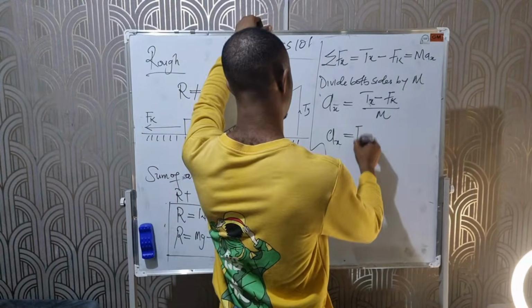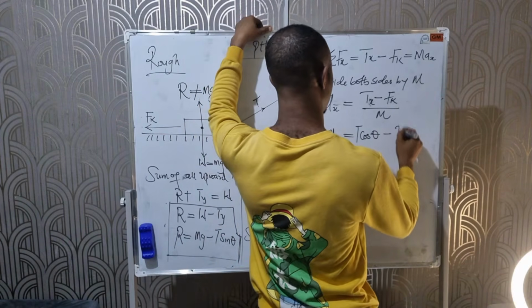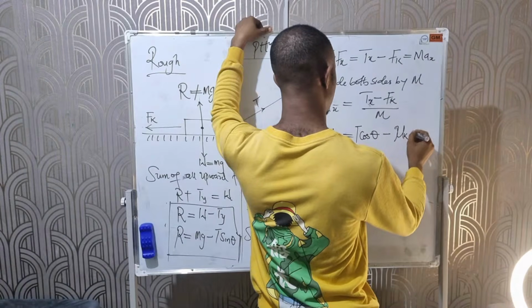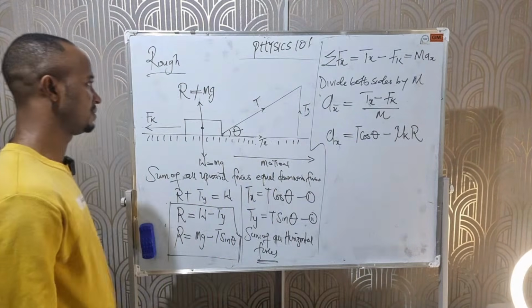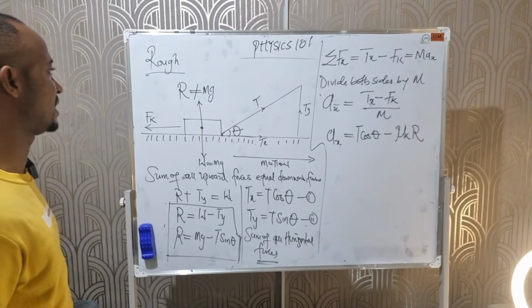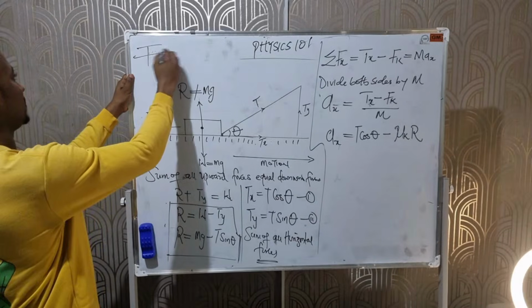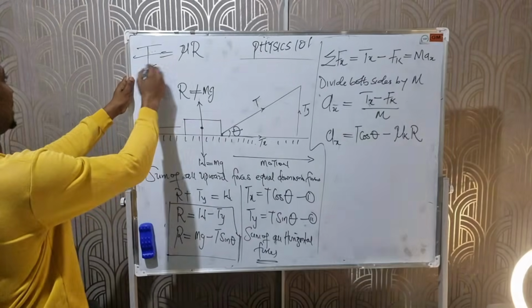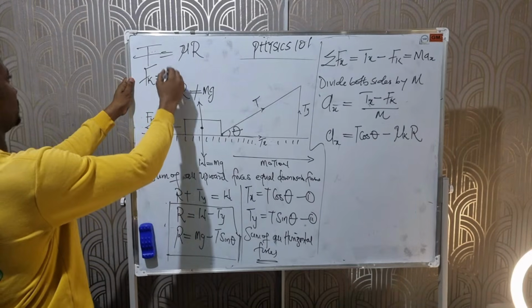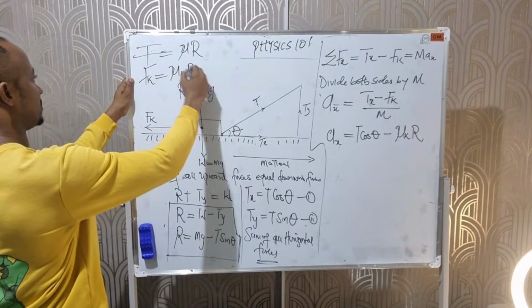So acceleration along the x-axis then becomes, don't forget we say that our Tx is simply T cos theta. So let me put the value. We have our T cos theta minus our Fk, which is mu k R. From what we define friction as, friction generally F equals mu R, right? So if I have my kinetic friction, that will give us mu k R, right?